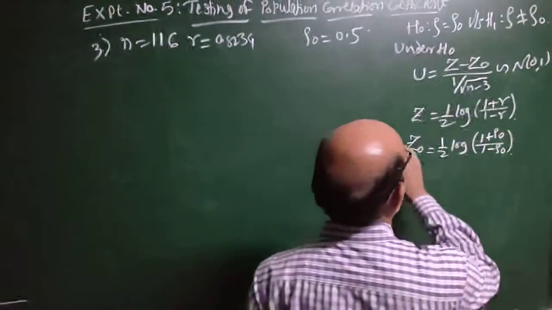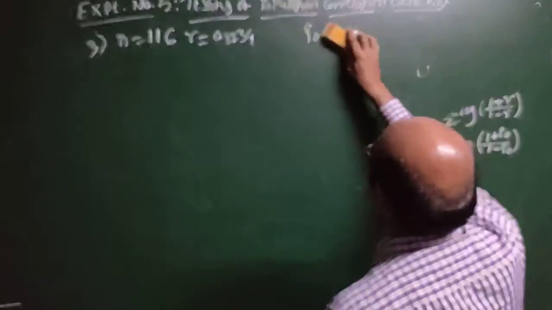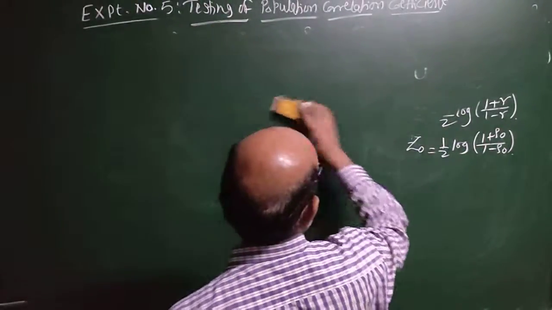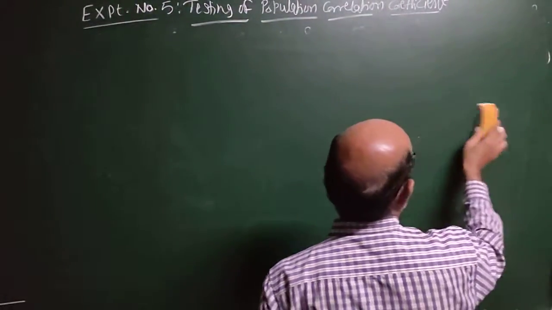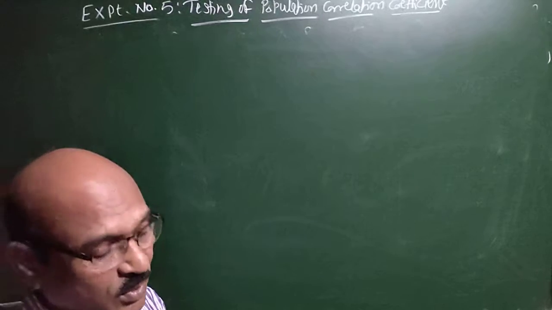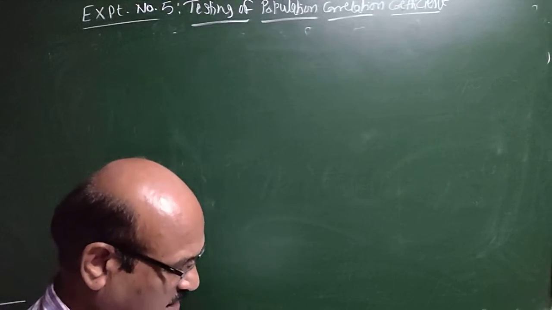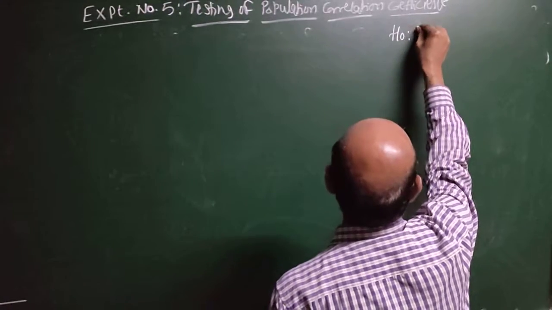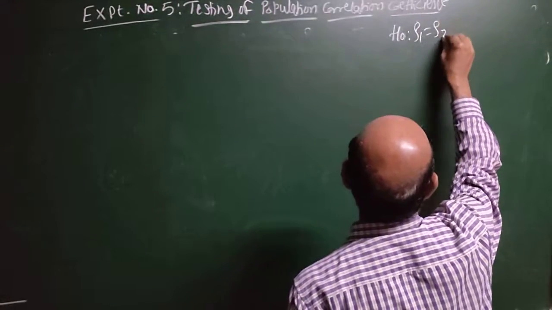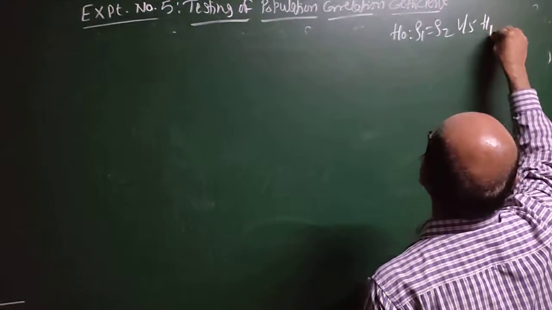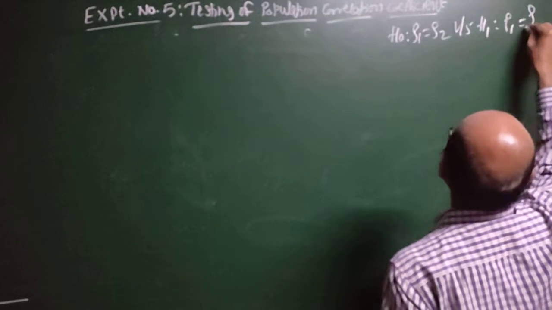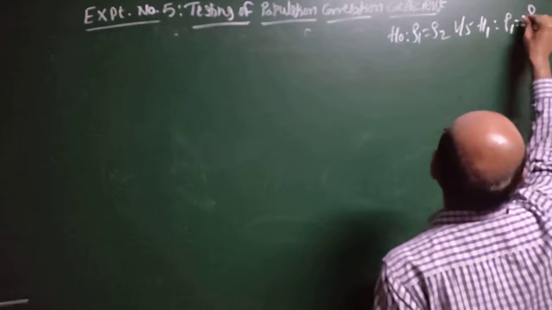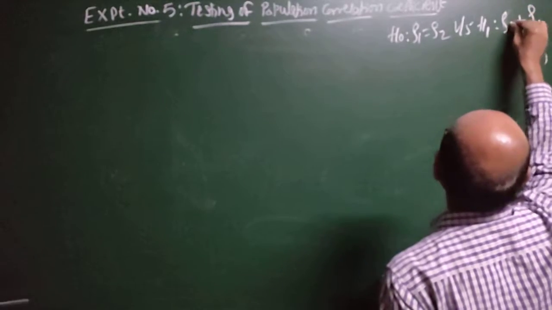Now you have to go for the double case. That means you have to test the equality or difference of the 2 population correlations. So H naught is such that rho 1 equal to rho 2 versus H1 says that rho 1 not equal to rho 2.